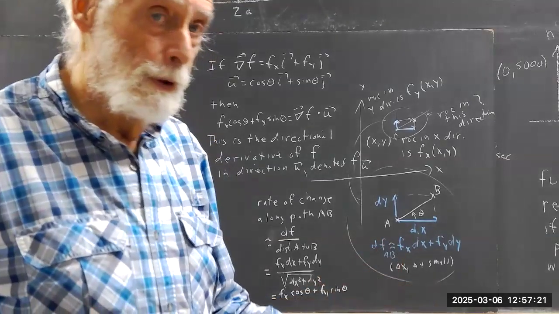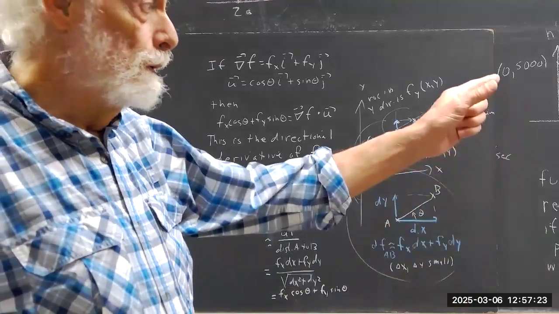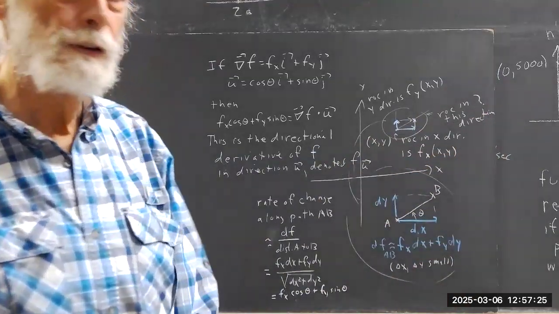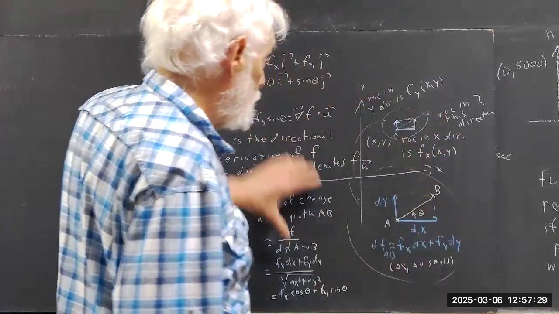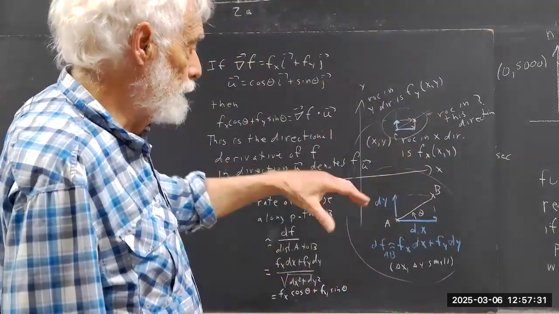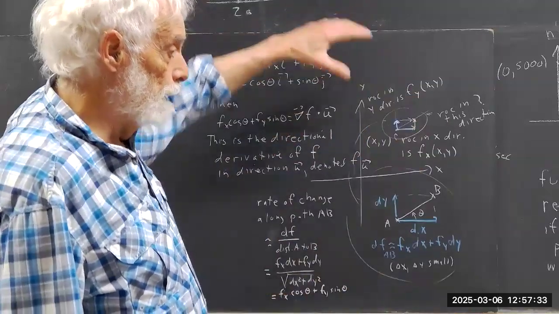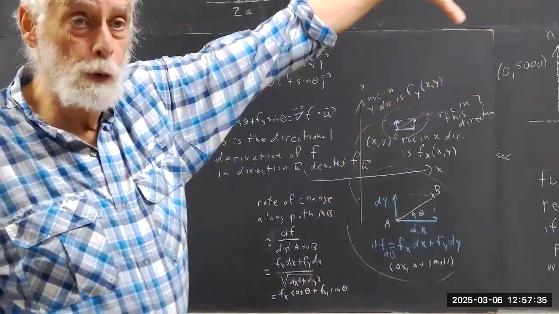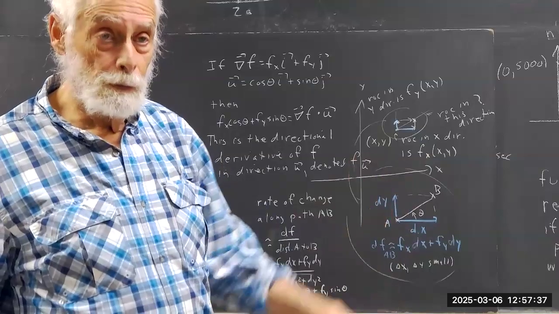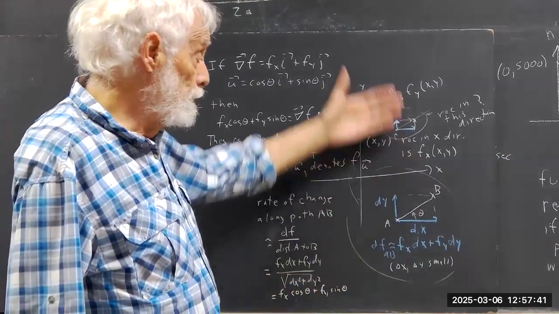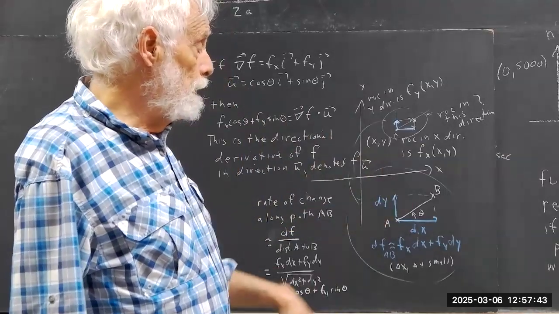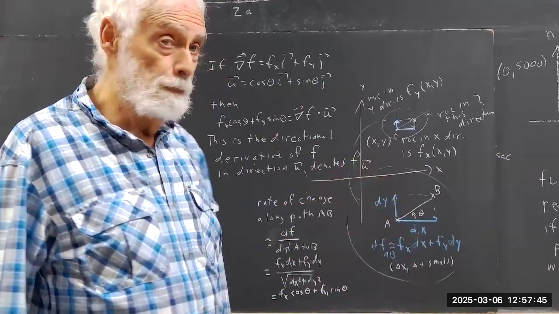So if I've got this function, I want to know how quickly it changes in that direction. Let's say the function is the temperature of a surface. You could think of a graph that indicates the temperature, but it's not a real thing, just a graph that represents it. So all we really need to do is think of temperature in this plane. It's a function of position.